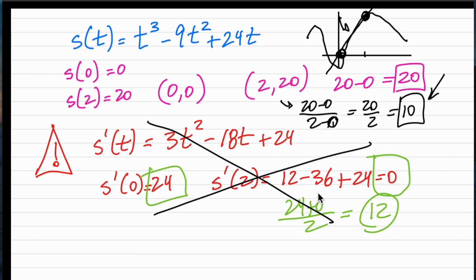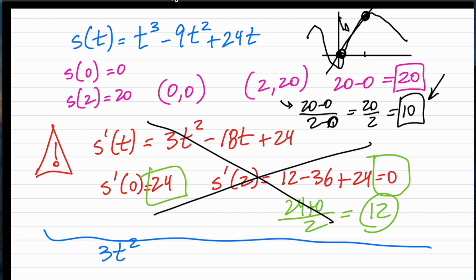Can't do it that way. And folks, that's because the acceleration in this problem is not constant. When we take the second derivative, the derivative of the acceleration, you still have a t in there. Let's do it down here really quickly. So we have s prime of t is 3t squared minus 18t plus 24.